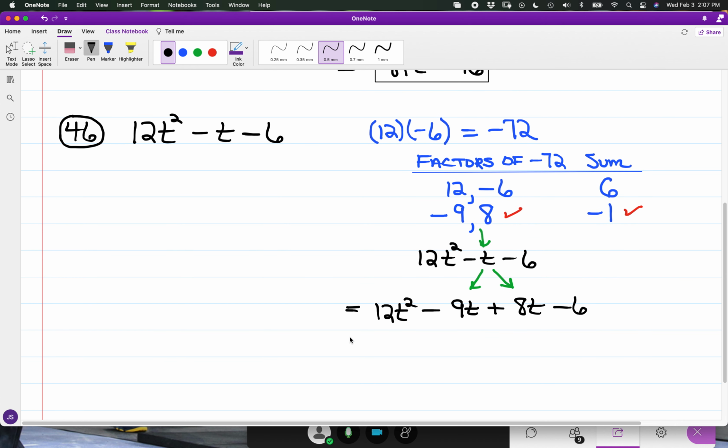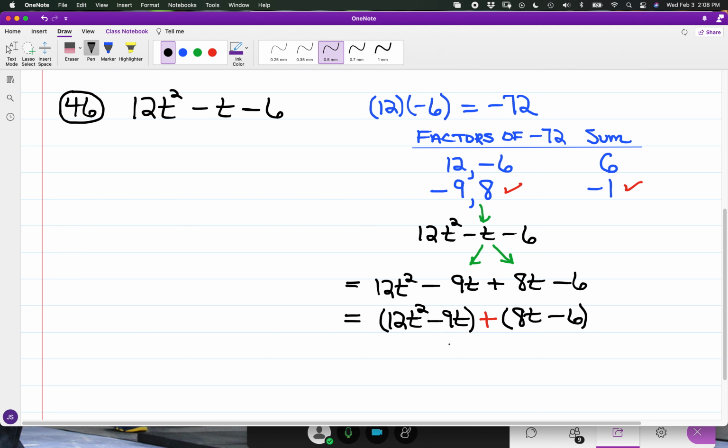And looking at grouping into pairs, the first two terms, again, we have 12t squared minus 9 times t. With the middle operation, we have addition, and we have 8t minus 6.